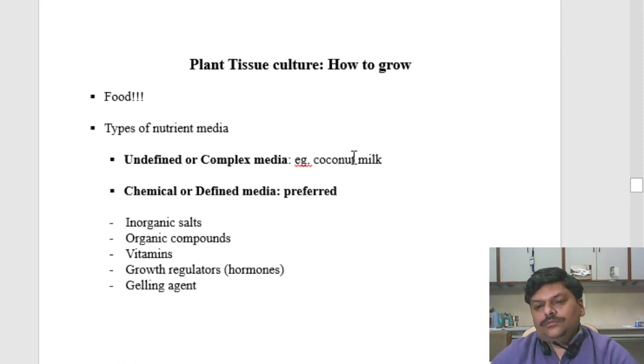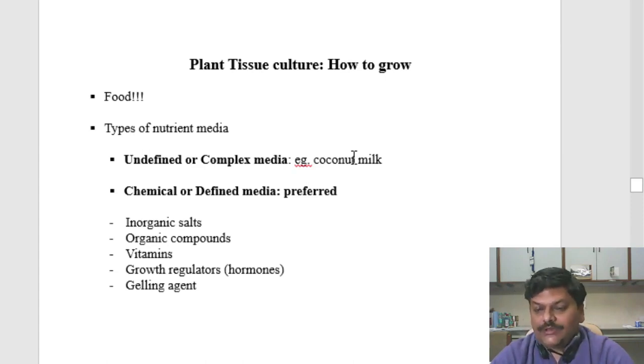Now, if we have instruments and a plant tissue culture lab, how do we do plant tissue culture, or how do we grow our plants? Plants need food. For tissue culture also, our explants need food. So in plant tissue culture, media are mostly divided into two types: undefined or complex media, and chemical or defined media.